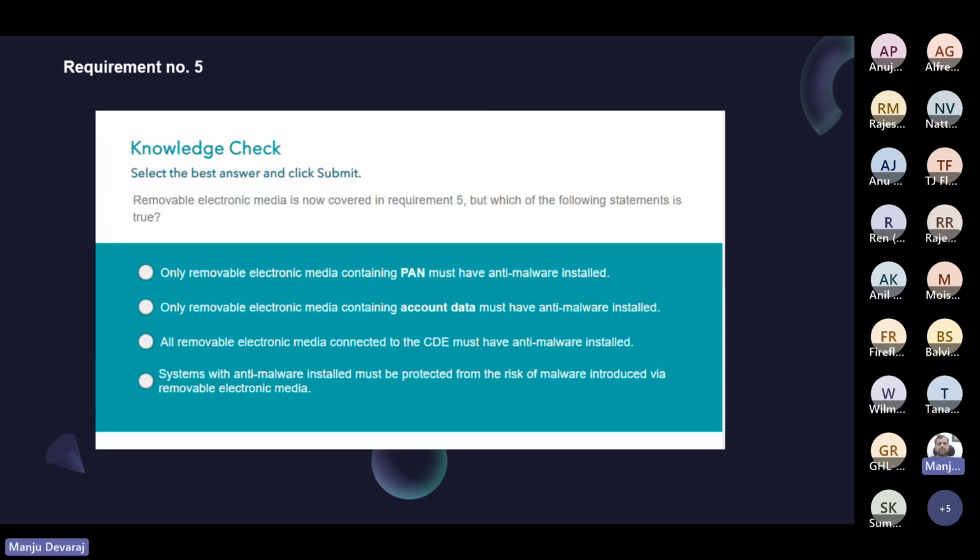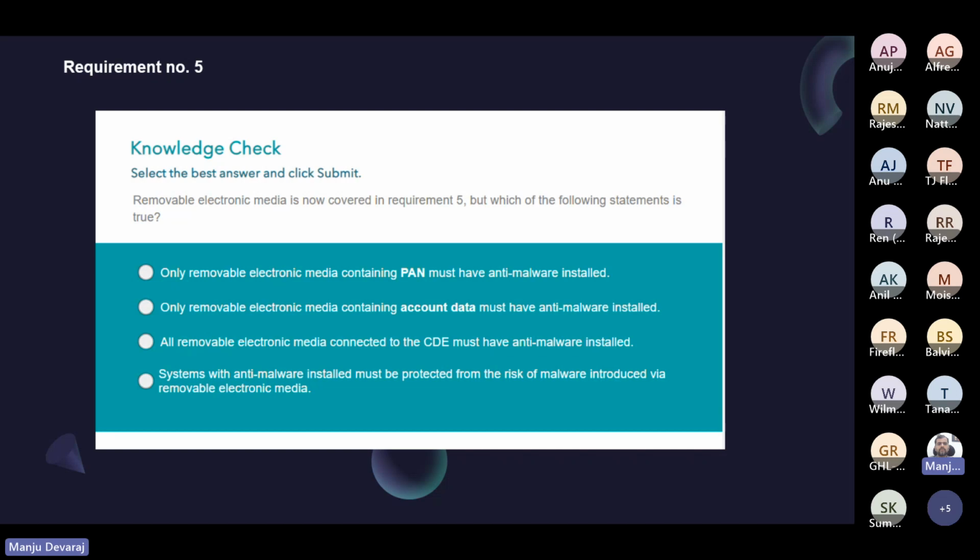Now, we are running out of time. Removable electronic media is now covered in requirement 5. Which of the following statements is true? Removable media is very clear, so you need to understand this, right? Only removable media containing PAN, or account data, must have anti-malware?